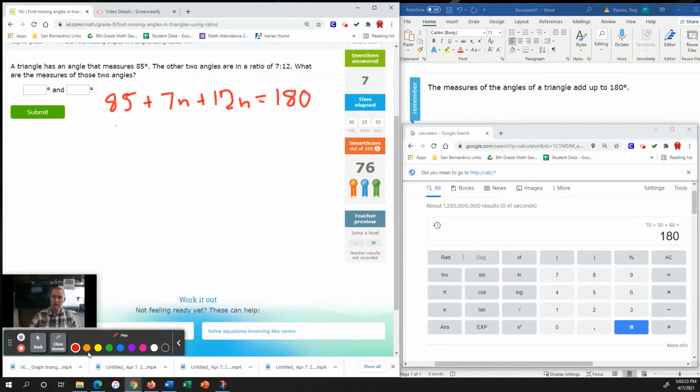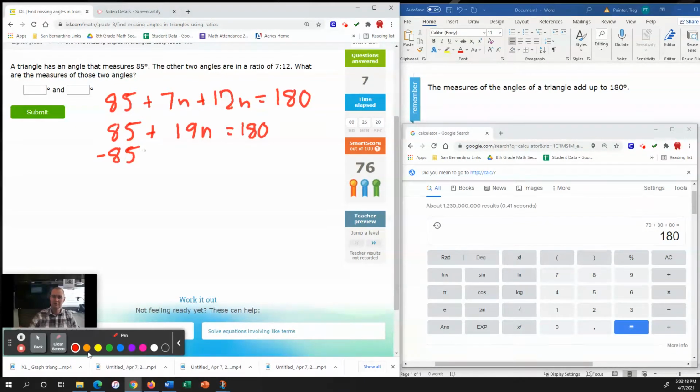All right, 85 comes down, looks good to me. We're going to combine like terms. 7n plus 12n is going to take us to 7 plus 12 is 19. So plus 19n equals 180. We're going to subtract 85 from both sides.